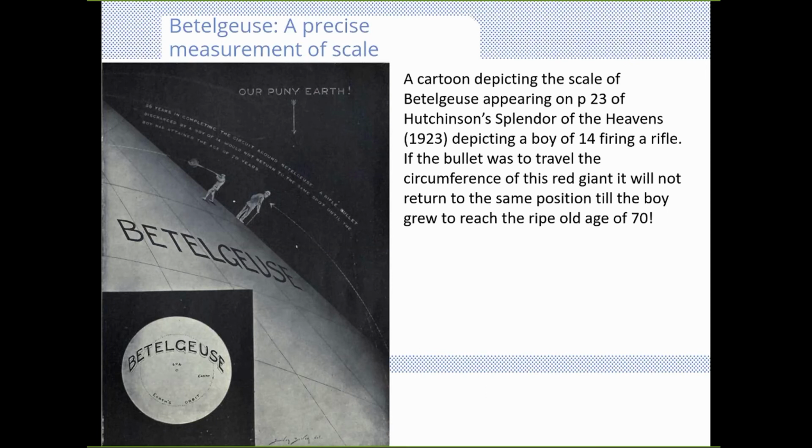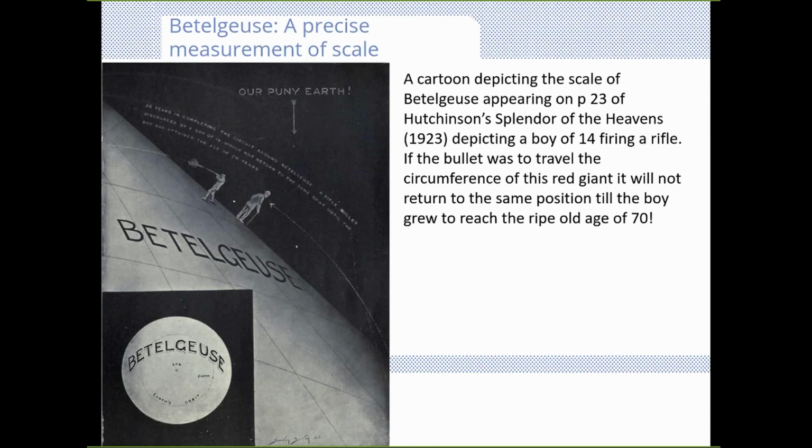Now, if the pellet were to travel all the way around this star, the entire diameter of the star, by the time it reaches back to this kid, he would have grown to a ripe old age of 70 years old. Just to give you an idea of how big this thing is.